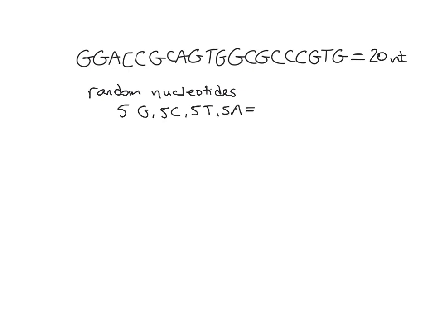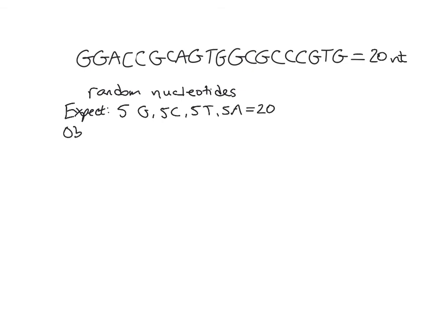And what we can do is to use a chi-square test to compare the observed numbers of G's, A's, C's, and T's to this expected number. And that would test the null hypothesis that this is a random bunch of 20 nucleotides that are not statistically significantly different from this expected ratio.